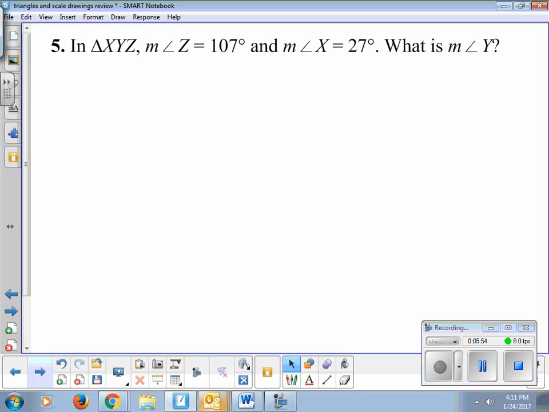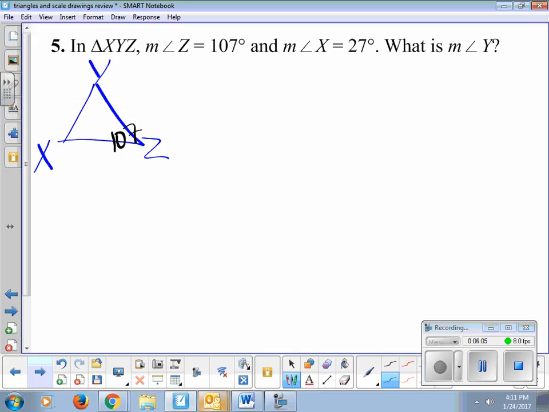Okay, there may be times when you are not given the triangle. If you want, you can draw out your triangle. We have triangle XYZ. We know that angle Z is 107, and angle X is 27. We want to find our missing angle. So we are adding y plus 27 plus 107 equals 180.